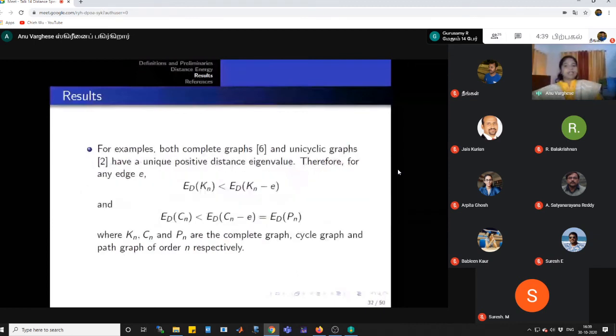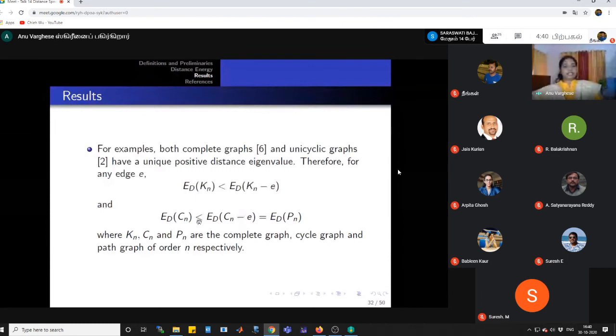If we consider complete graphs of order n, deleting an edge also gives a graph with a unique positive eigenvalue. So the distance energy of Kn is less than the distance energy of Kn minus e, where Kn minus e denotes the edge-deleted subgraph. Cn is also a graph with a unique positive distance eigenvalue.